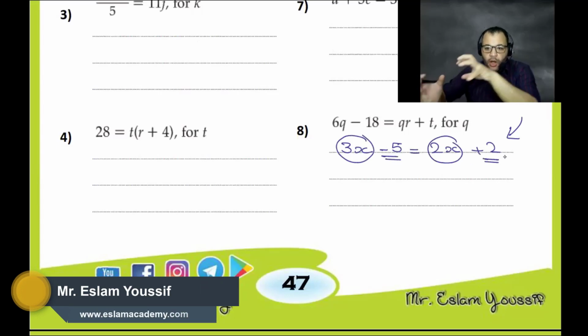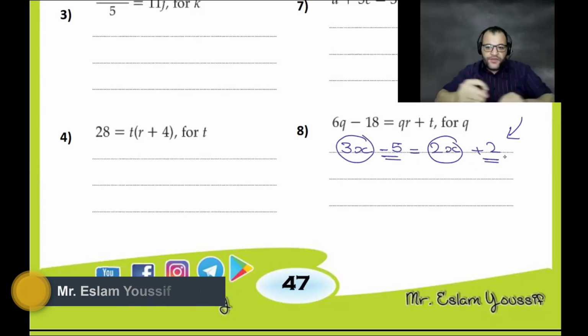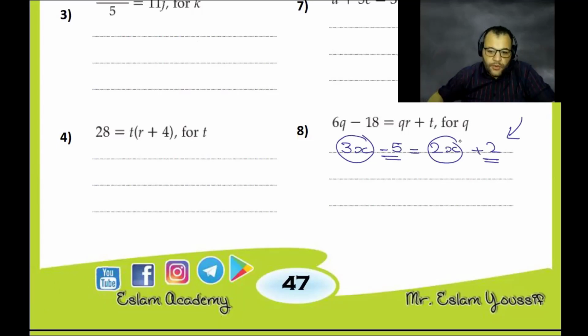So we collect all of the x's together and all of the numbers together. I will shift 2x to the other side by subtracting 2x, negative 2x. I will shift 5 to the other side by adding 5, positive 5. So 3x minus 2x equals x. x is equal to 2 plus 5 equals 7.